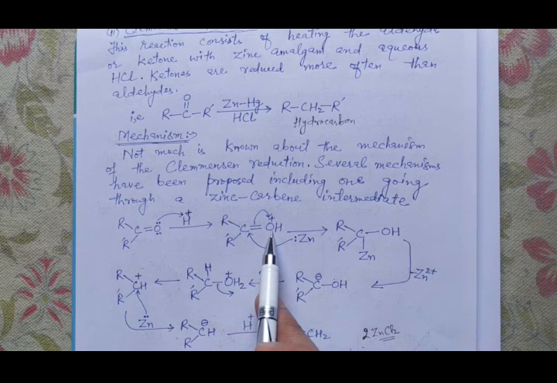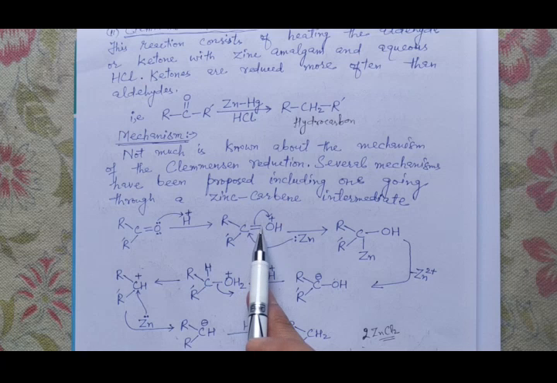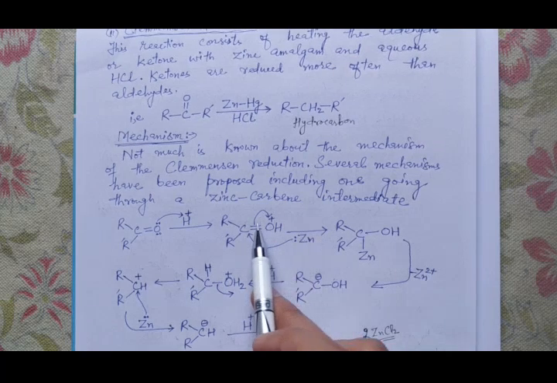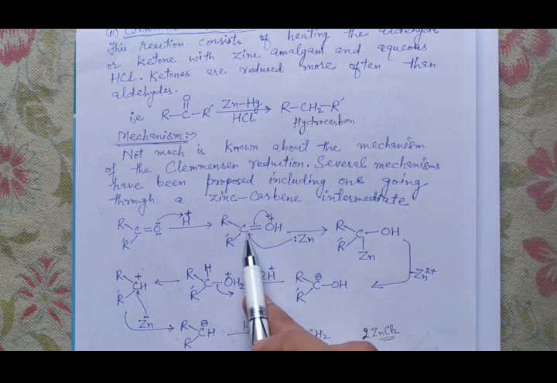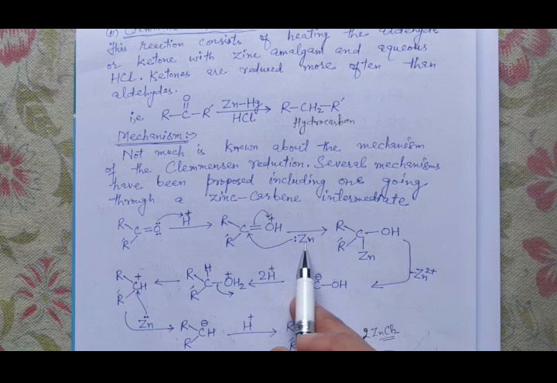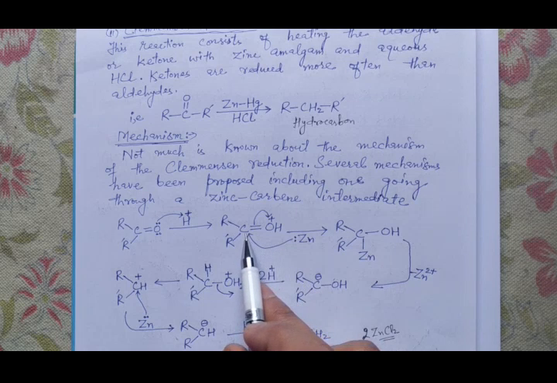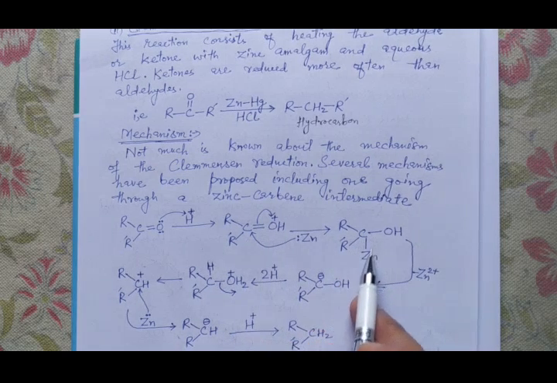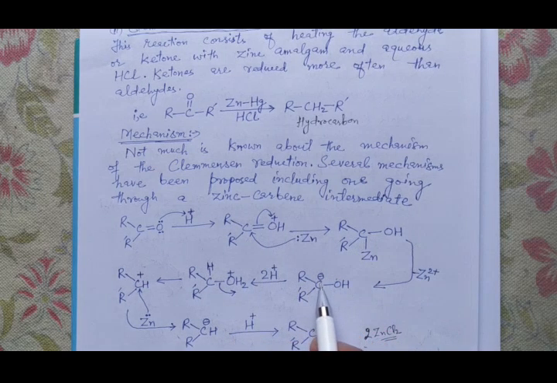Now since oxygen is more electronegative than carbon, oxygen tends to attract the shared pair of electrons lying between carbon and oxygen towards itself, thereby making carbon an electron deficient site, at which zinc atom donates its lone pair, eventually making it a carbanion or negatively charged carbon.